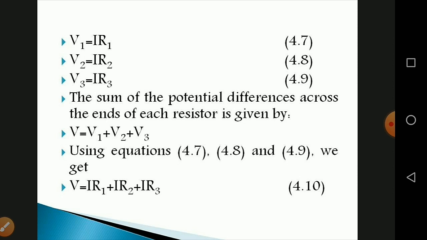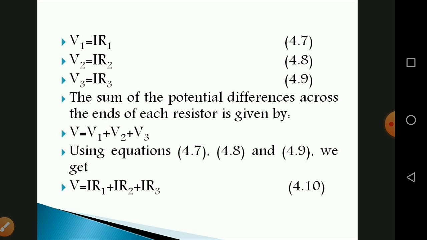The sum of the potential differences across the ends of each resistor gives the net potential V, which is equal to V1 plus V2 plus V3, because they are connected in series. So using these three equations, V is equal to IR1 plus IR2 plus IR3.